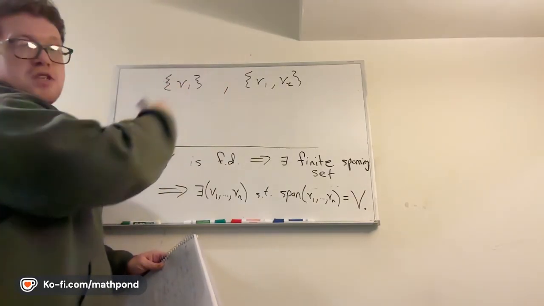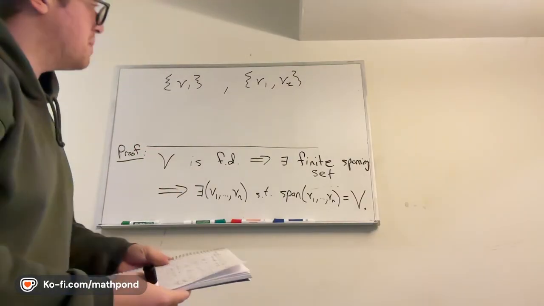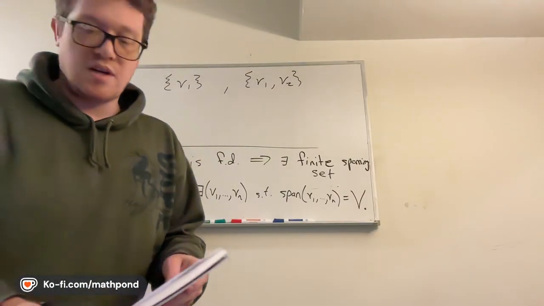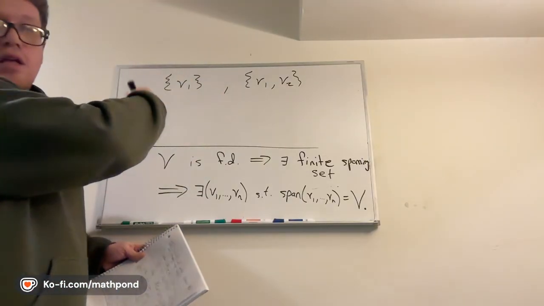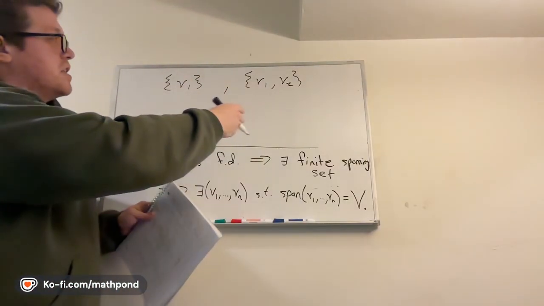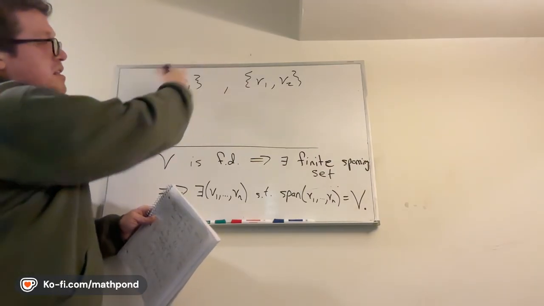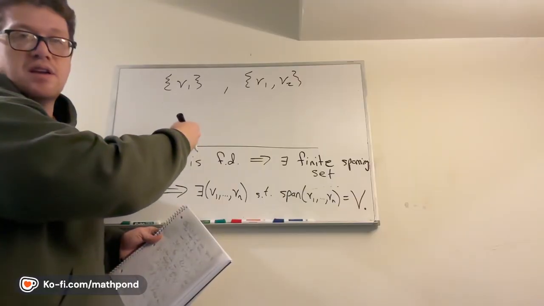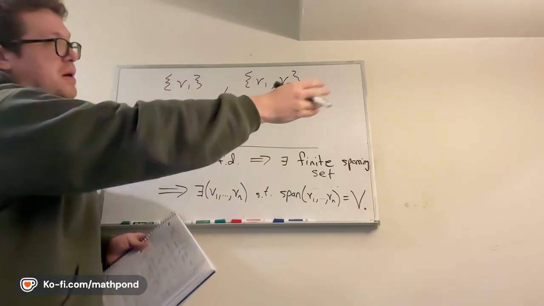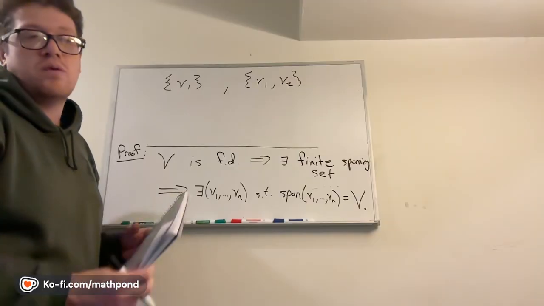If it was, we would just delete it. I wish I had the Axler book in front of me, but essentially you go through the list, and if v1 is a dependent list, I delete it, and then I get a new list, and I look at the next one. I keep extending the list only if it's still linearly independent when I add the next vector.